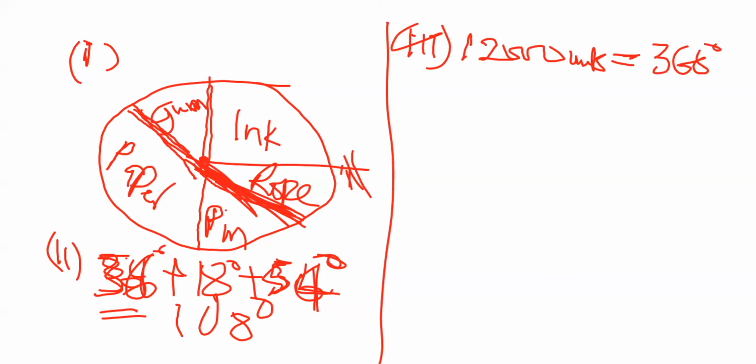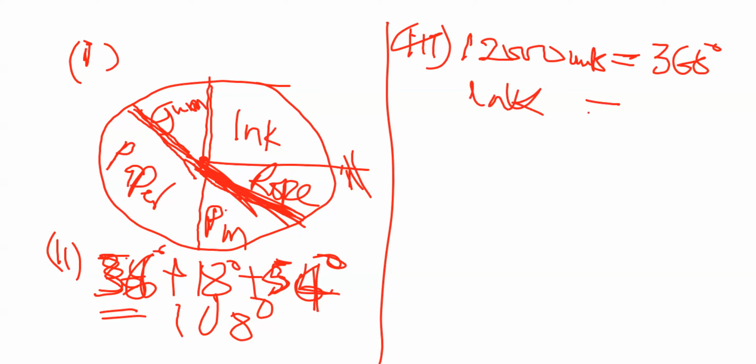The question says, if the total material is 12,000 units, how many units of ink are required? In simple language, the whole material is 12,000 units. What's the degree for ink?